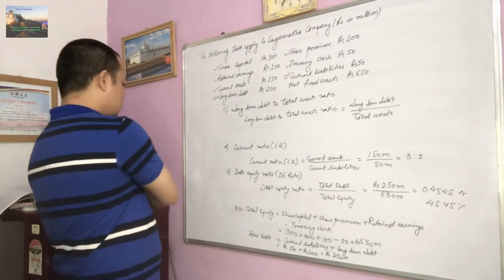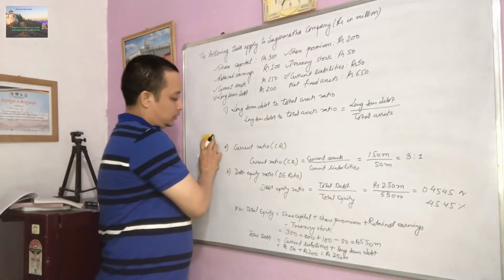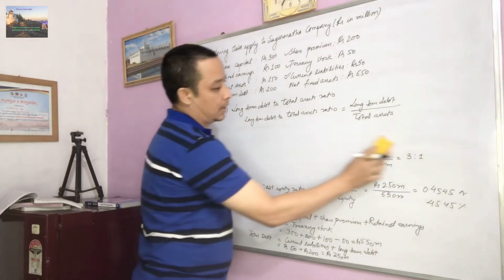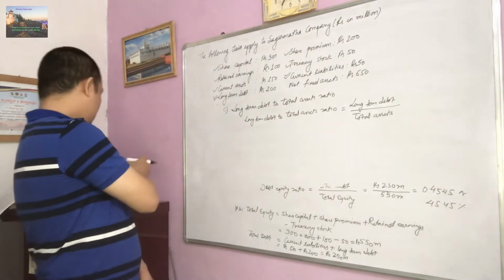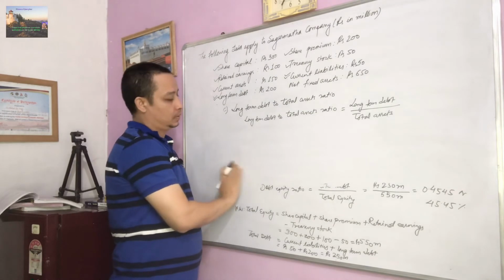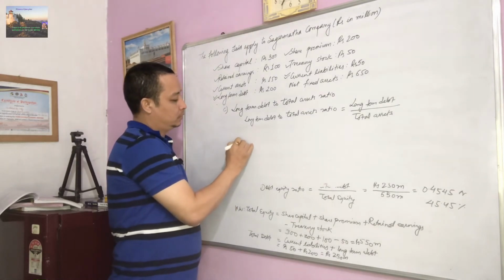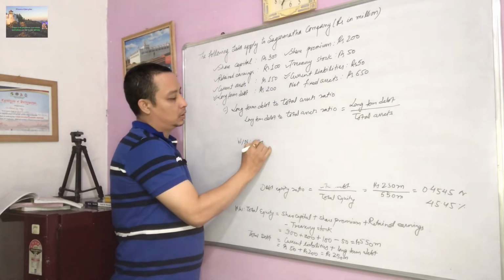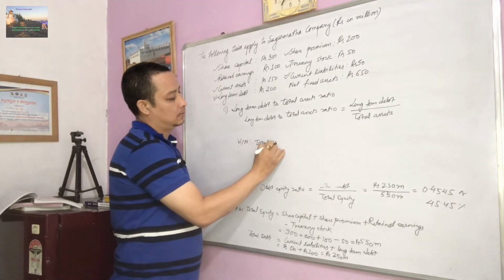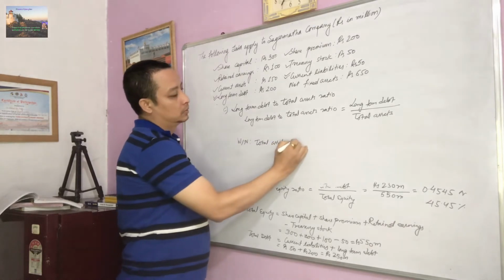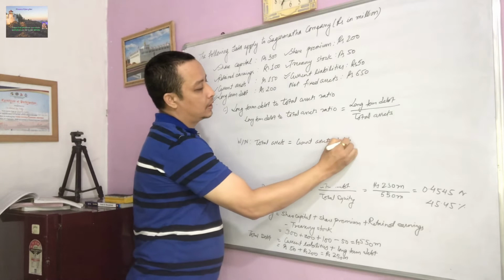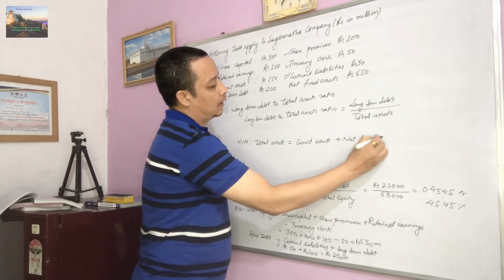Okay, so here also you have to find in working note total assets. So here in working note total assets equal to current assets plus net fixed assets.